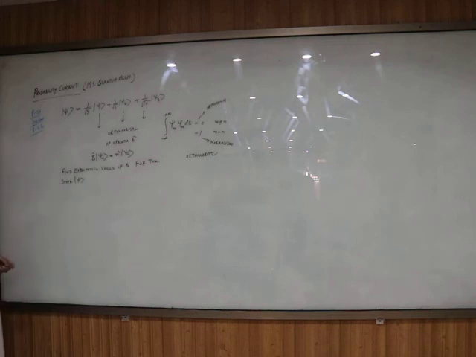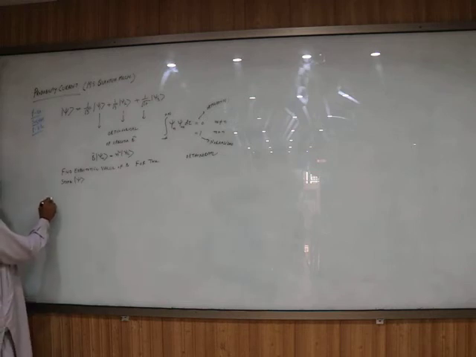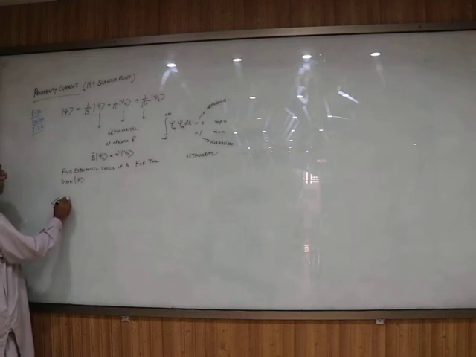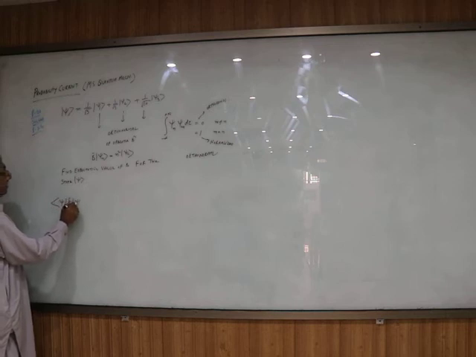Okay, and he is saying, find the expectation value for the state psi. So let's find the expectation value. The expectation value of a dynamical quantity is given by this, where this is the dynamical operator.